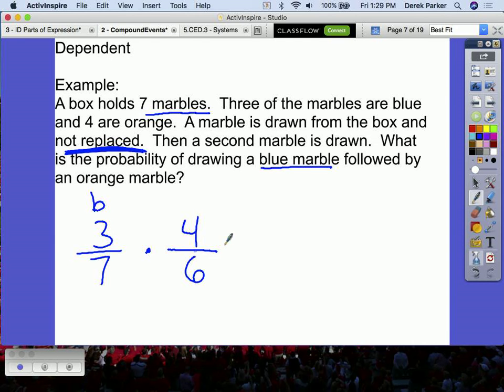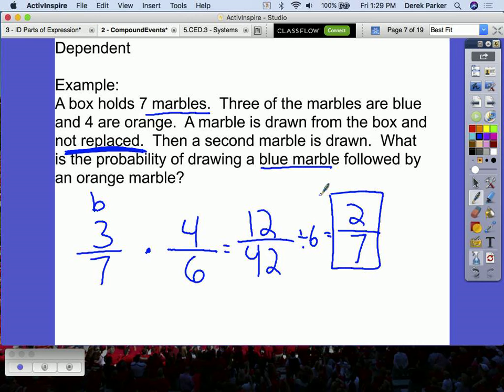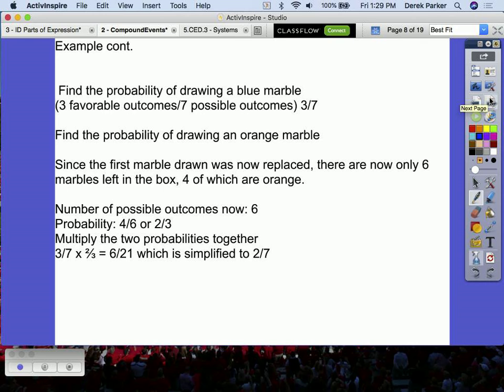Now we multiply. 3 times 4 is 12. 7 times 6 is 42. A common factor is 6. 12 divided by 6 is 2. 42 divided by 6 is 7. My answer is 2/7. There's the example written out. If you want to see that, just pause the video and read.